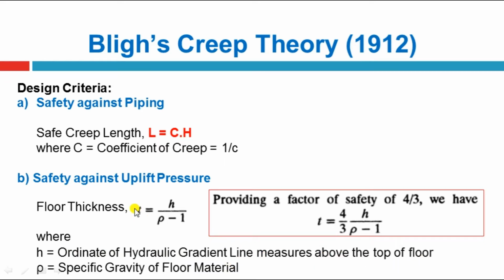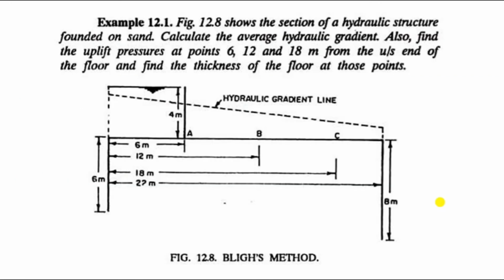So the floor thickness should be H upon rho minus 1, providing a factor of safety of 4 by 3. Factor of safety against the uplift pressure is determined using this formula.